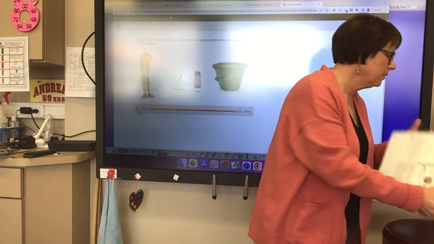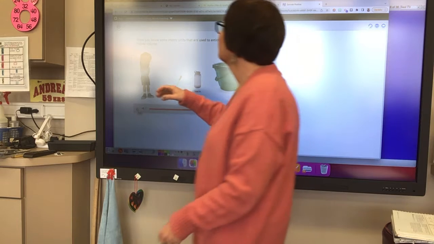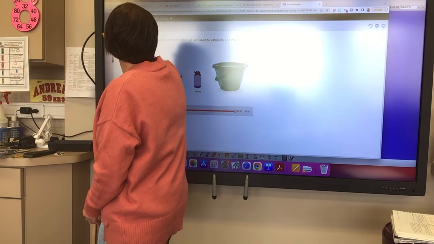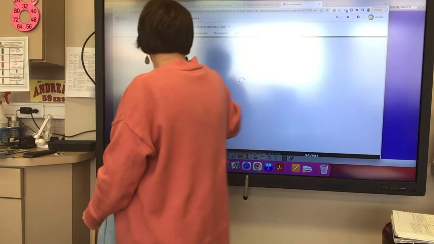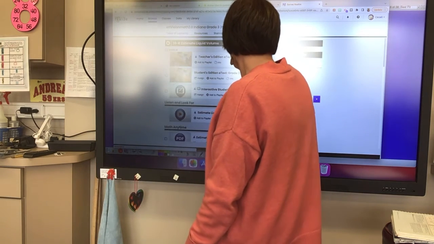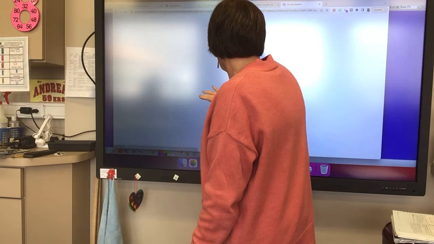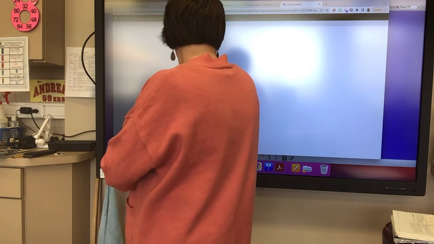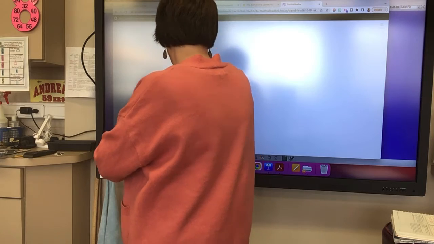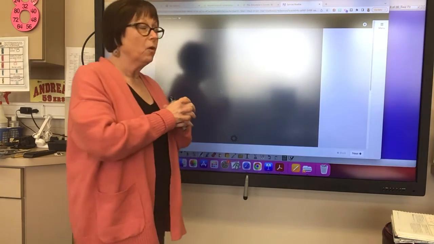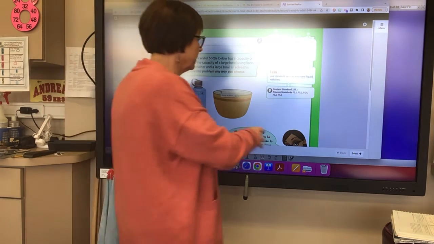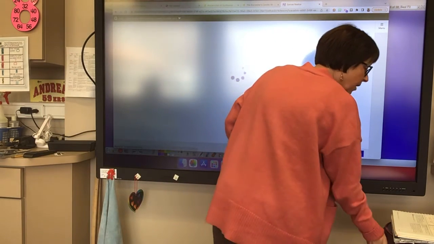So here's what we're going to do. We're going to work here and think about capacity, and see how well we can figure out the capacity problems.